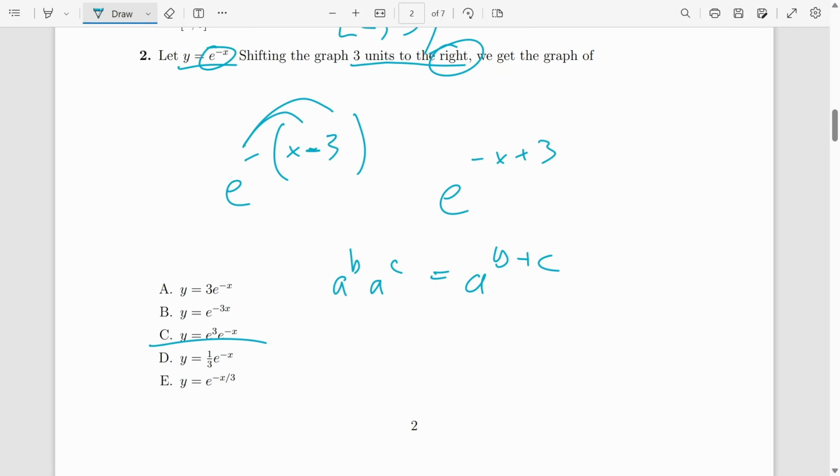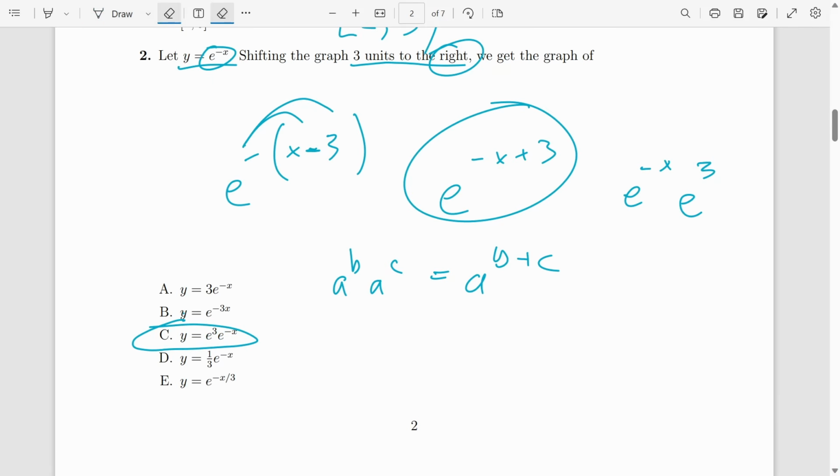So a to the power of b times a to the power of c equals a to the power of b plus c. So we can take that and apply it in reverse. This would become e to the power of negative x times e to the 3, e cubed. So C is our answer here.